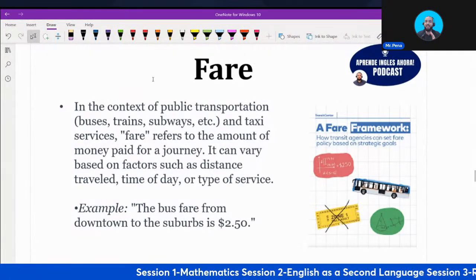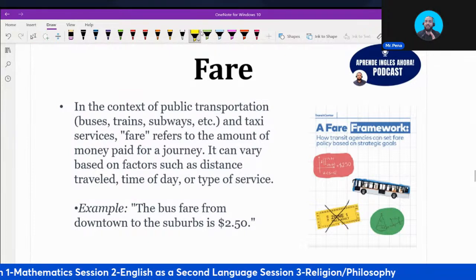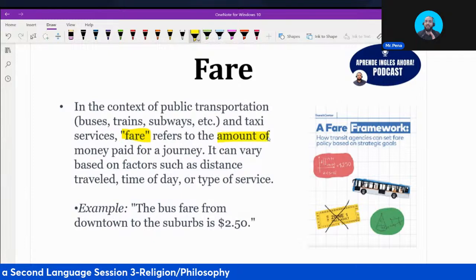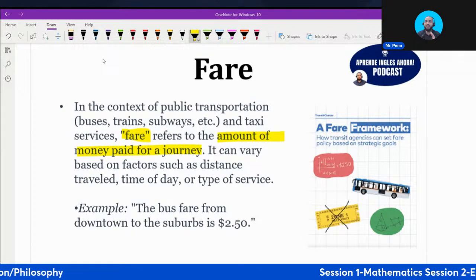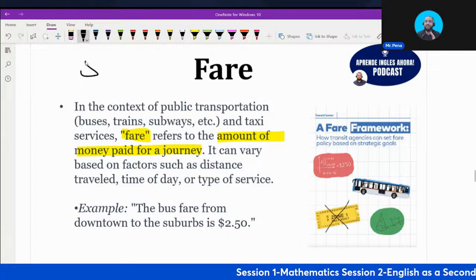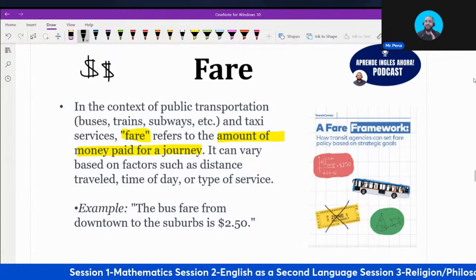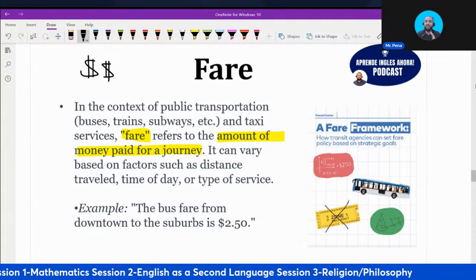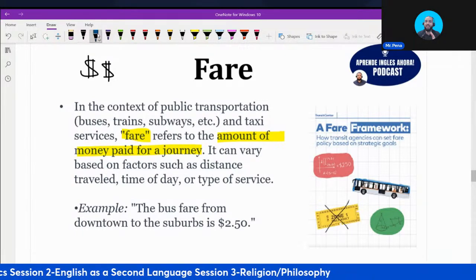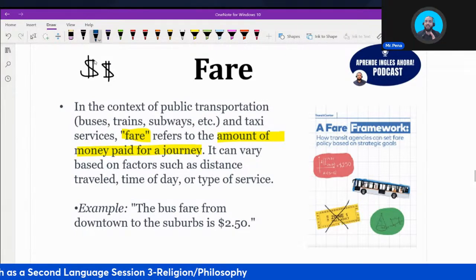Fare. In the context of public transportation and taxi services, fare refers to the amount of money paid for a journey. The fare is basically the cost of your trip. It varies based on factors. So a fare can be a lot of money or a little bit of money.